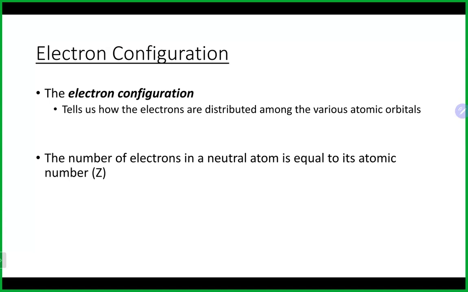And remember that the number of electrons in a neutral atom will equal the atomic number, because it has to equal each other, positive guys, protons, and negative guys, electrons. We write the electron configuration like everybody else does usually, which is known as the filling order, that order that we just saw on the previous page.